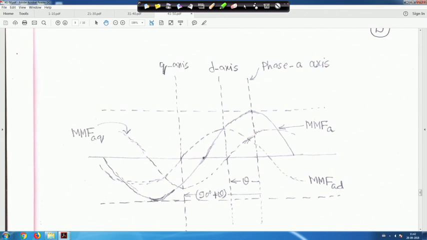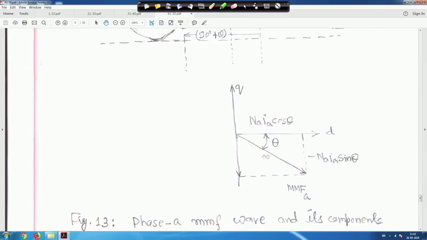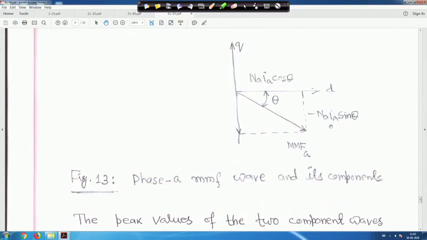Earlier we have seen, again we will go back to figure 9, everything is marked there. So in this case, when you write NAIA, it will become NAIA cos theta, and the other will be minus NAIA cos of 90 degrees plus theta, which will be minus NAIA sine theta.